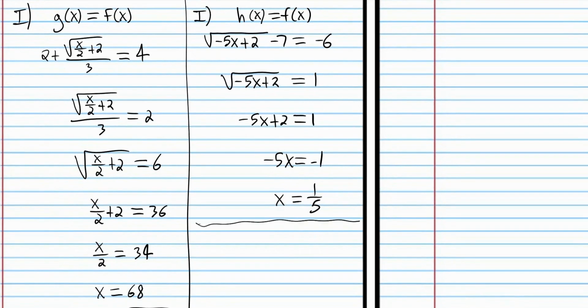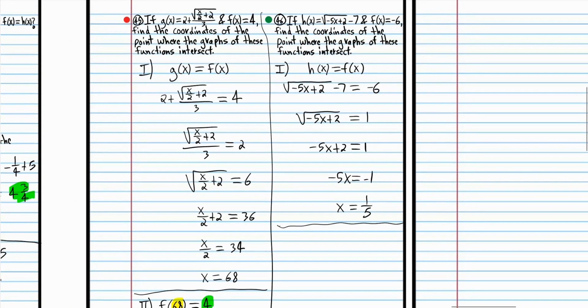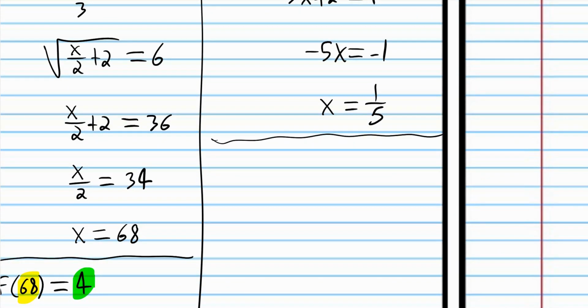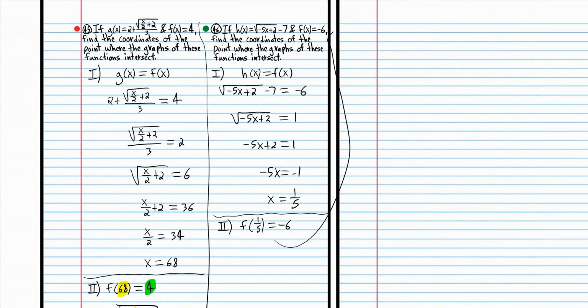So we found the x value of the point of intersection. Now, again, because we have a constant function here, it means that the y value has to be negative 6. I mean, there's no other option. So if you plug in 1/5 to that function, we're going to get negative 6. That's the easiest way to do it.